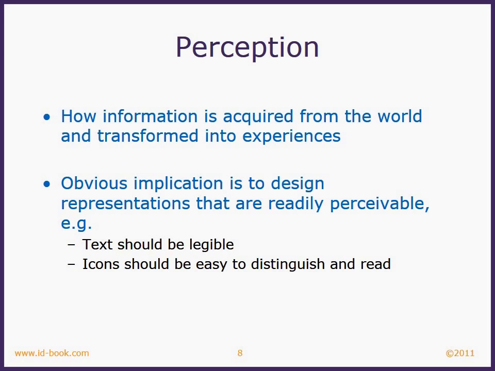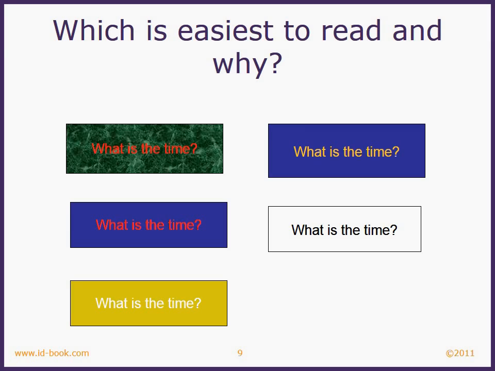So text should be legible, and icons should be easy to distinguish and read. So which is easiest to read and why? Isn't that obvious?